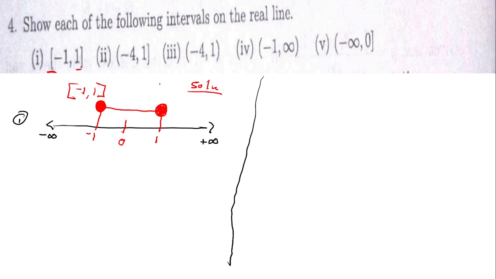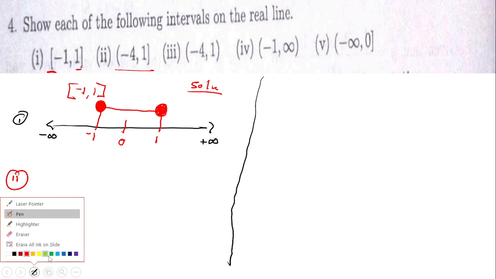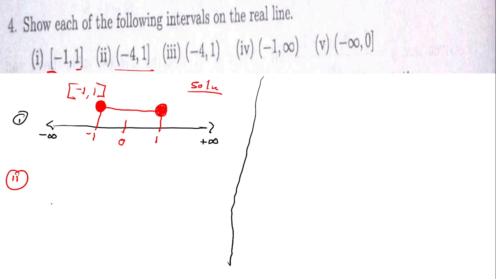From here, we can move on and look at the other part, which is our 2. It is also a simple question which you can easily do. I'll easily sketch my number line, and in this case this will be negative infinity, and this is positive infinity.